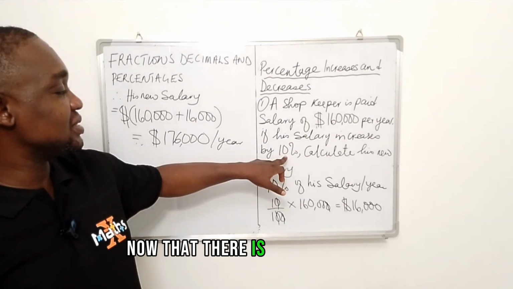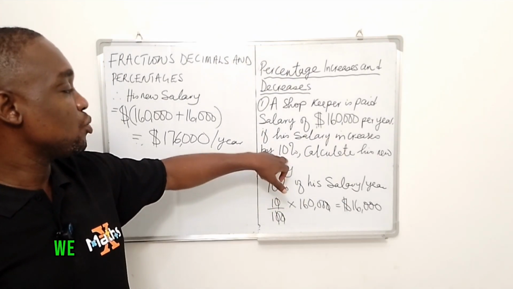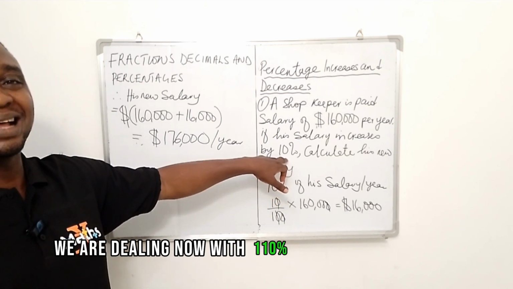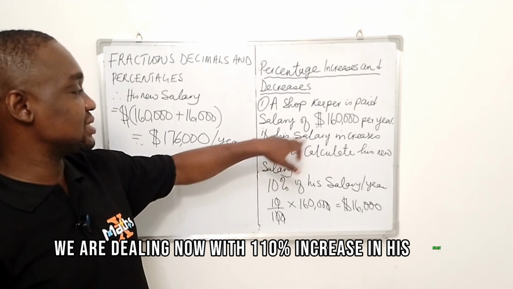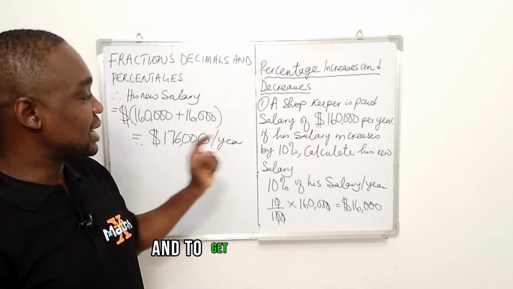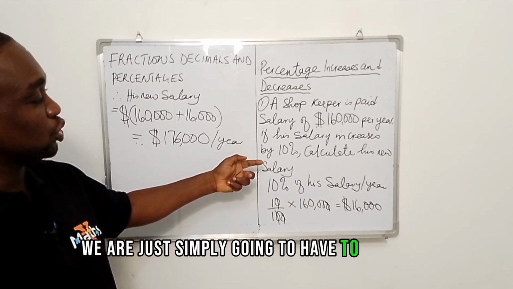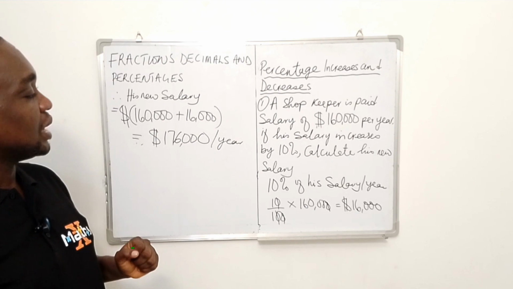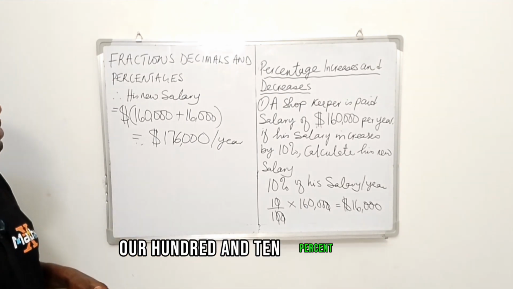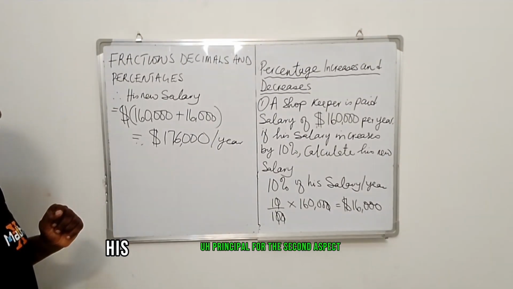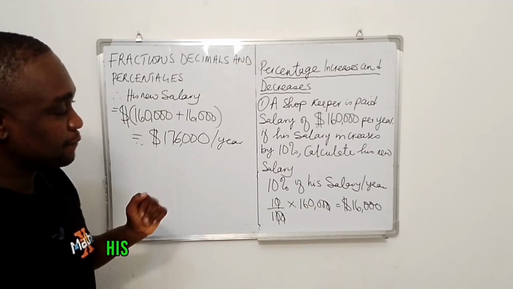Now that there is a 10% increase, we are dealing now with 110% of his salary. And to get the answer now, we are just simply going to have to multiply our 110% times his principal.